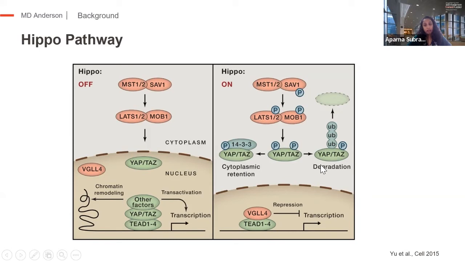In the cytoplasm, YAP and TAZ then undergo proteasomal degradation, and the VGLL4, which is in the nucleus, interacts with TEAD and represses transcription.